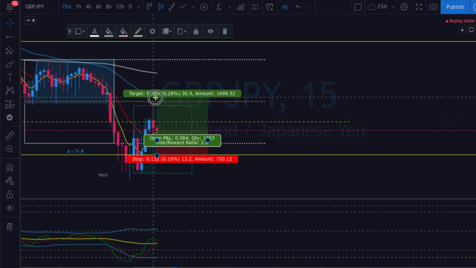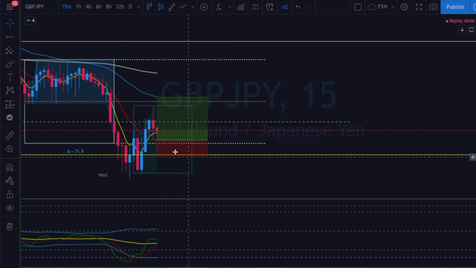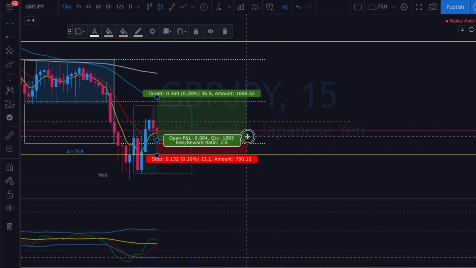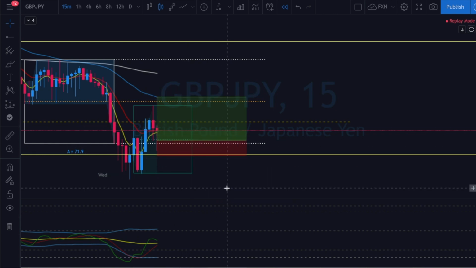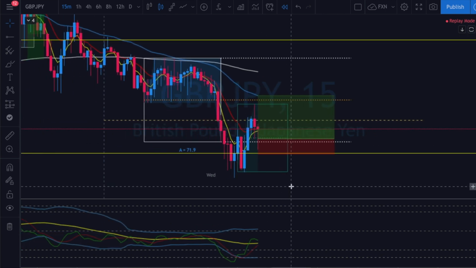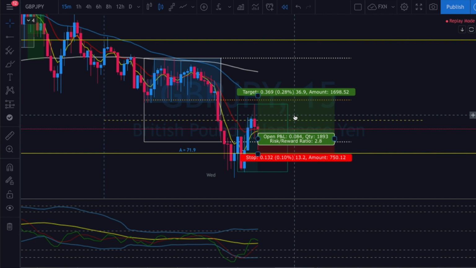But if we can get to the 50, that still gives us 35 pips. So this is still a 2 to 1, almost a 3 to 1 risk to reward ratio if we use these pullbacks to our advantage to get into a trade.